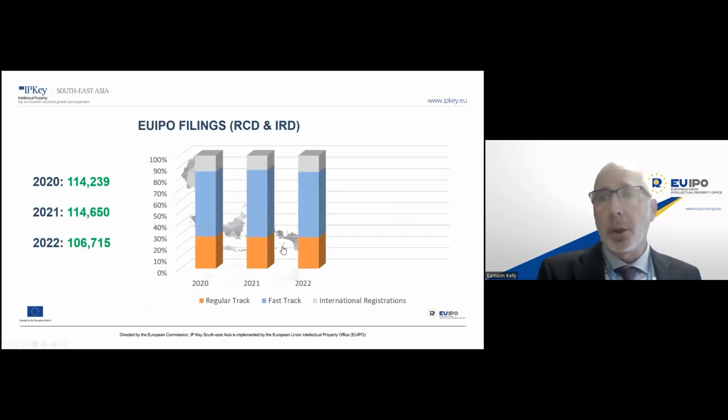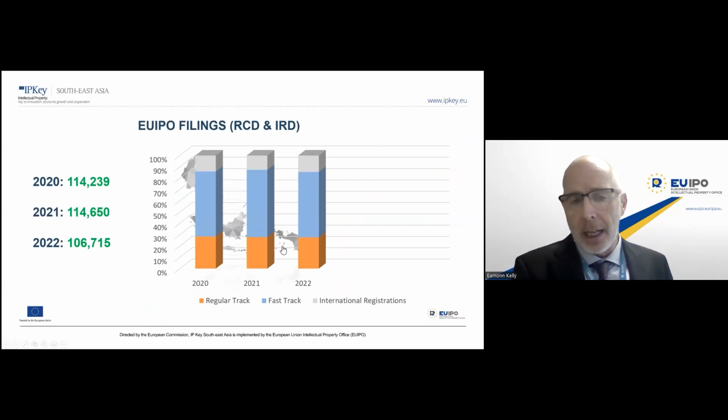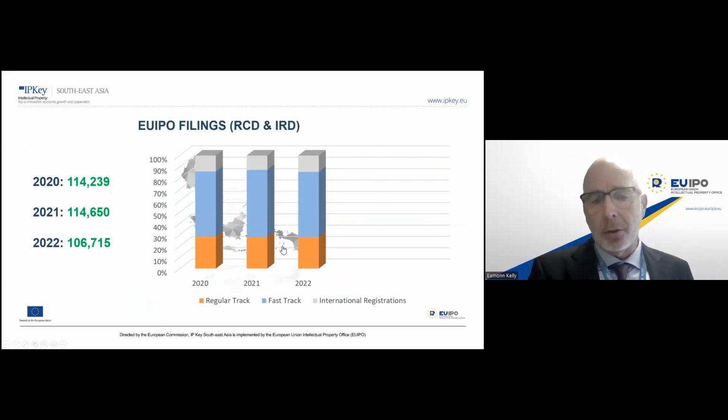So how are we doing actually with the filing itself? Overall, on average, we receive around 115,000 designs a year, where 15,000 of those come via the international route and the other 100,000 come directly to the office. We have seen, like in other places in the world, a dip in 2022.